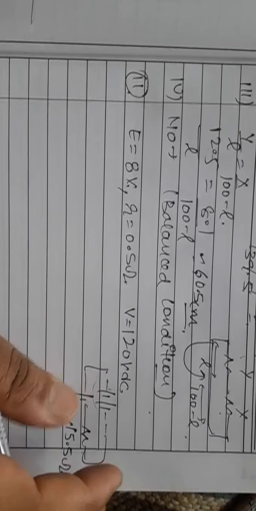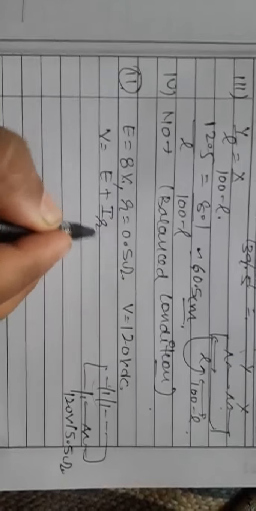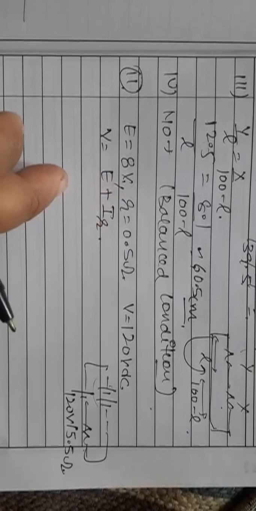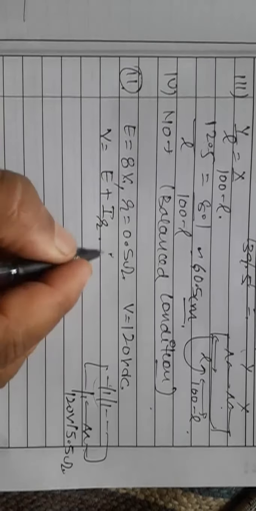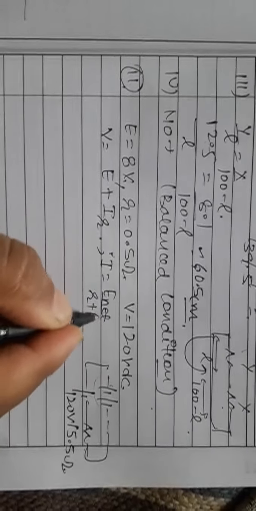What is the terminal voltage of the battery during charging? Now this was a question that during discharging and during charging the answer will be different. While you are charging, the answer is V equal to E plus I into R. If this is discharging, then instead of plus there will be minus. But the problem is to calculate the value of current. So let us calculate the current: net EMF divided by R plus r.